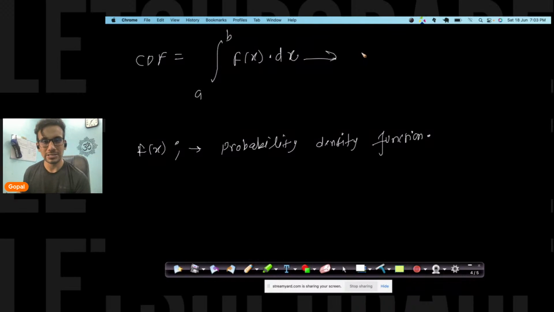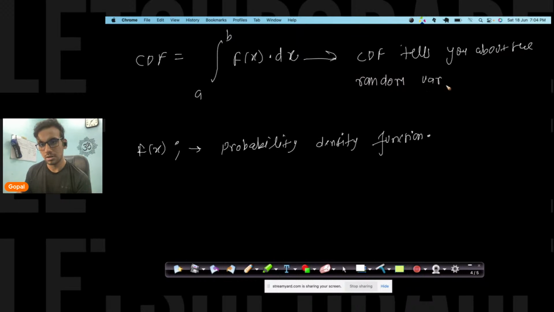So CDF tells you about the chosen random variable with a probability.